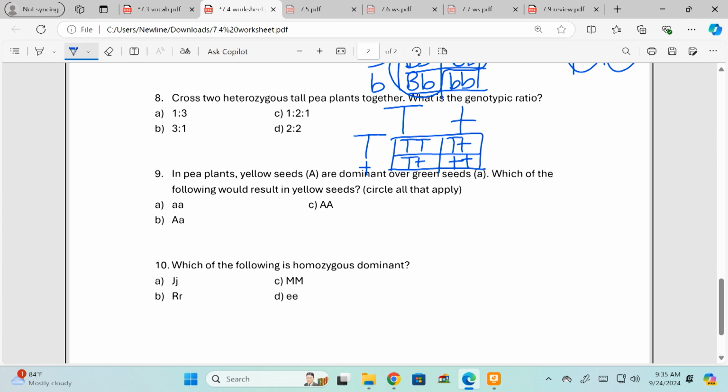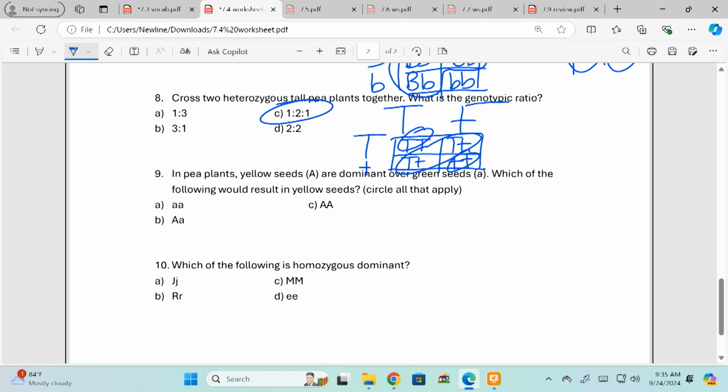All right, and it says, what is the genotypic ratio? Well, I've got 1 to 2 to 1. I see 3 different genotypes there. So for this one, the genotypic ratio should be 1 to 2 to 1, okay?